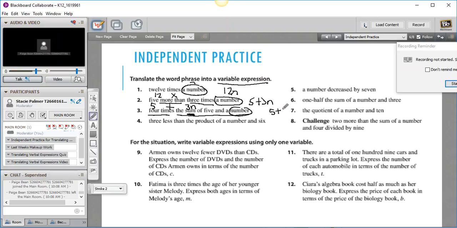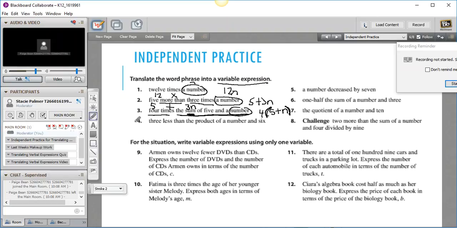So we're doing the sum of 5 and a number, and we have to do that first before we do the 4 times. So we're going to put that in parentheses. This says 4 times the sum of 5 and a number, so we have to do the sum of 5 and a number first. We would put that in parentheses, and then whatever that is, we're going to do 4 times that.